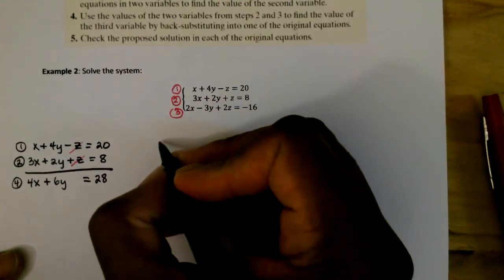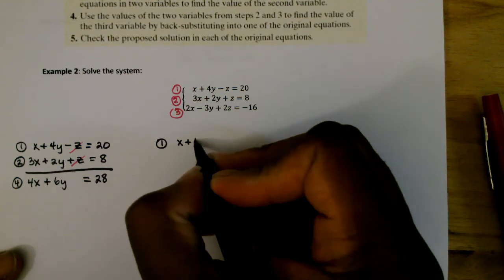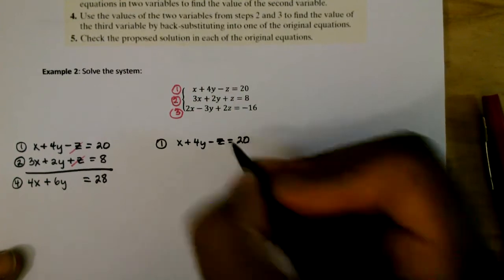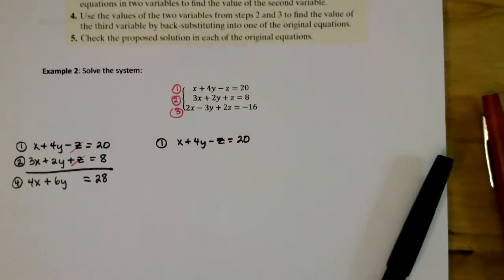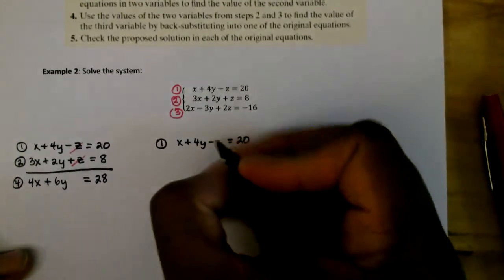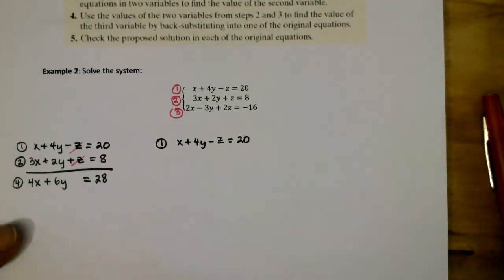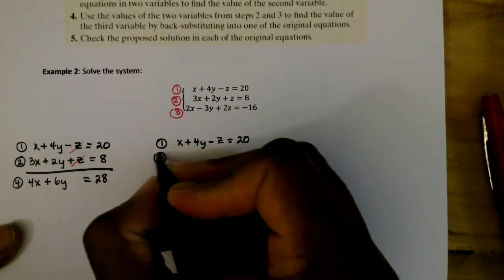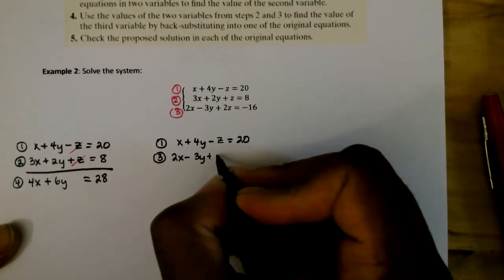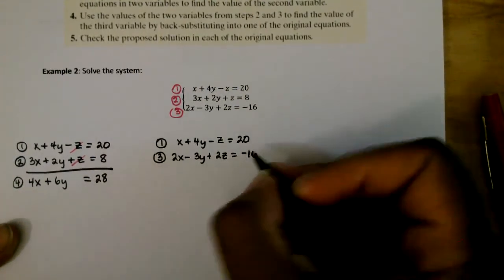All right, so my equation 1 is x plus 4y minus z is equal to 20, and that's a z, by the way. And then the third equation is 2x minus 3y plus 2z equal negative 16.